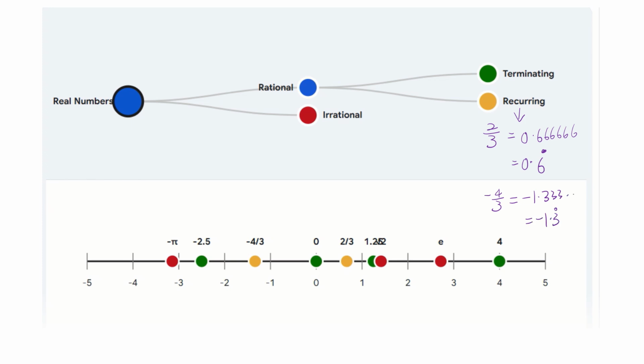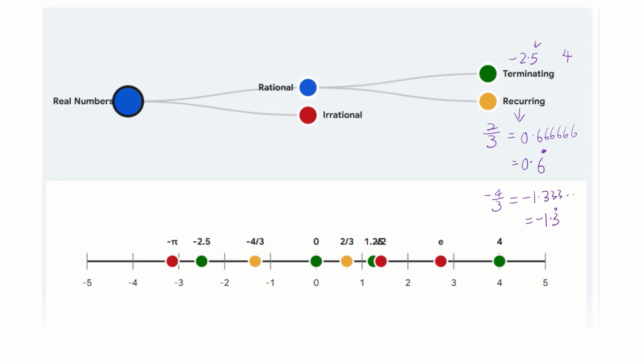Right, so terminating numbers are numbers such that the number doesn't continue. For example, negative 2.5, you see it stops at 5. Or the number 4, it just stopped there. Terminating means you stop there. You don't have so many decimals like 2/3, 0.66666 keeps recurring.